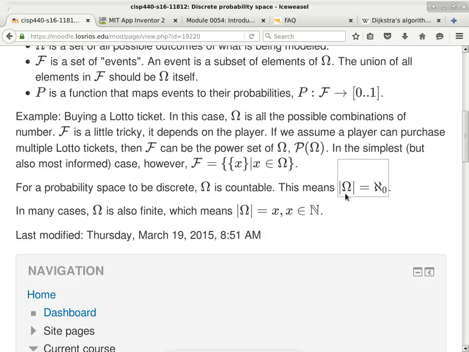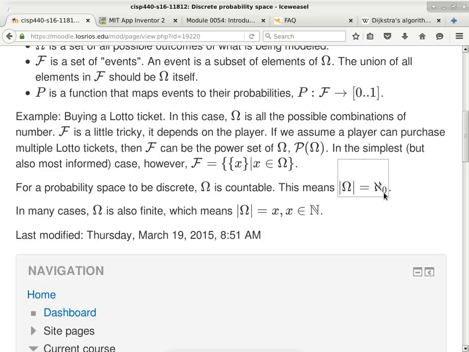When you see the cardinality of omega equal to aleph 0, it means there is a bijective function mapping omega to the set of all natural numbers, which we are very familiar with because of the exam and the homework assignment to fold 3D space into one.